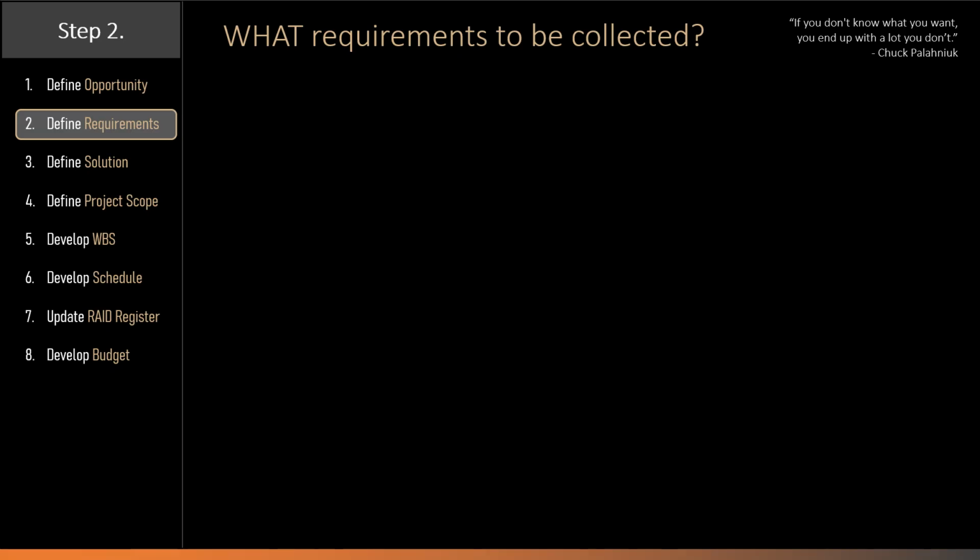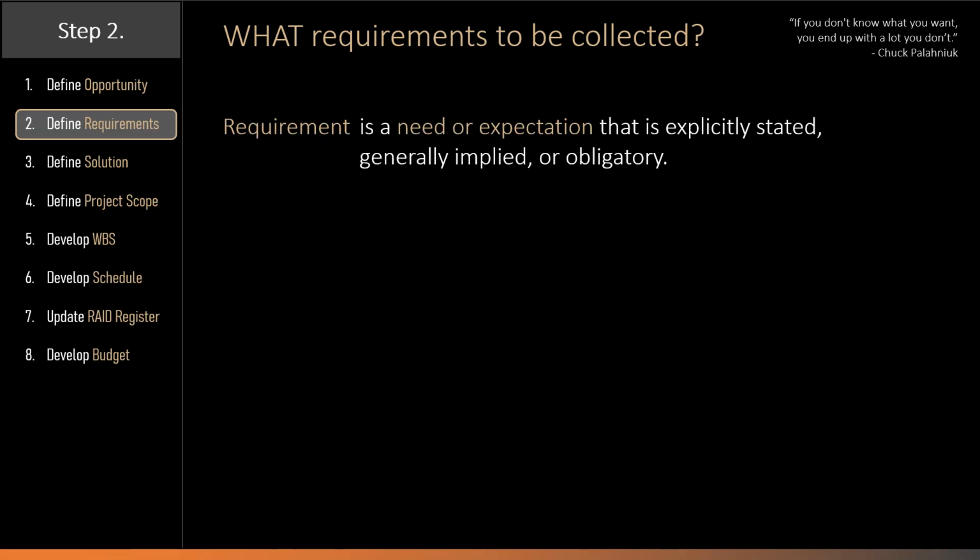For a project to be considered successful, it must satisfy stakeholders' requirements and, wherever possible, exceed their expectations. Requirements represent stakeholders' needs, expectations, and constraints, and they may be explicitly stated, generally implied, or mandated by regulations, standards, or organizational policies.